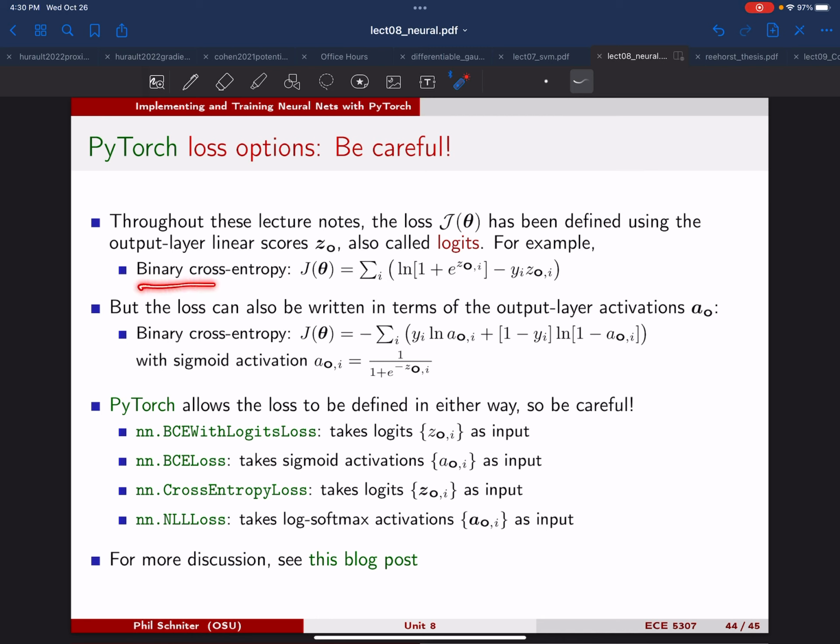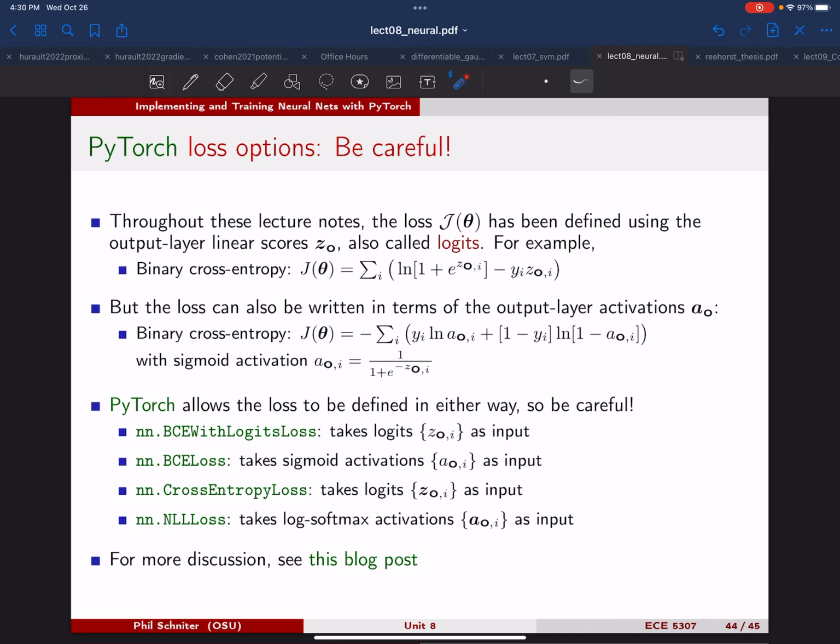So one way to write the binary cross entropy loss is in terms of these z's, which we call scores. They're also called logits. That's the way that we derived it back in Unit 5. There is another option. You put the logits through your sigmoid activation, you get these A's. These A's are the ones between 0 and 1. And now you can also write the binary cross entropy loss in terms of the A's.